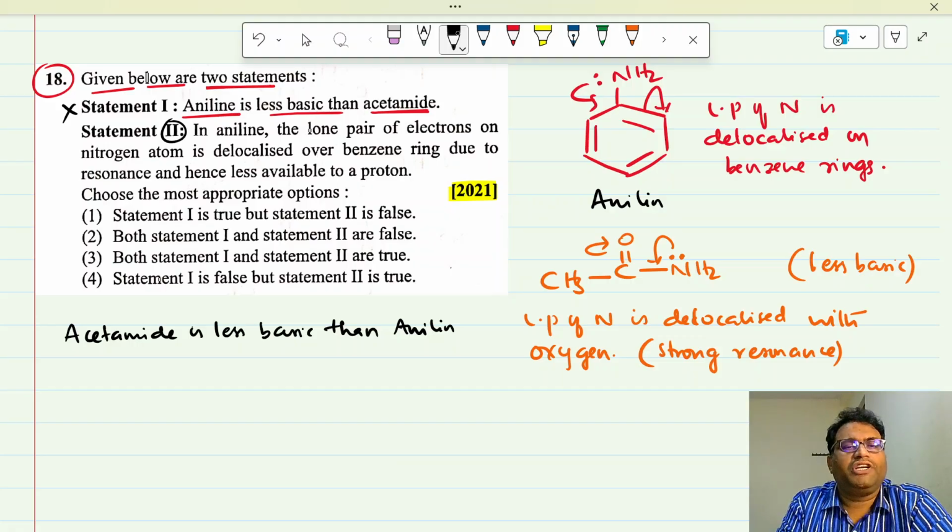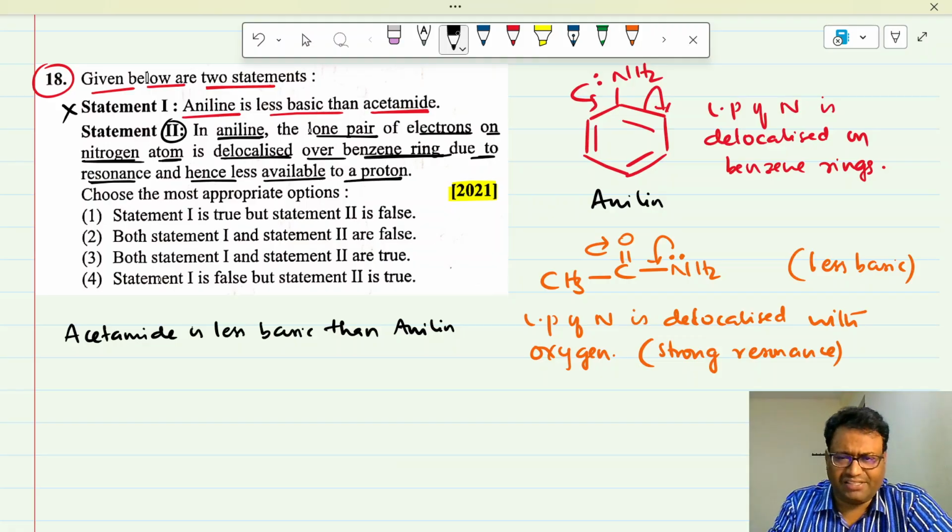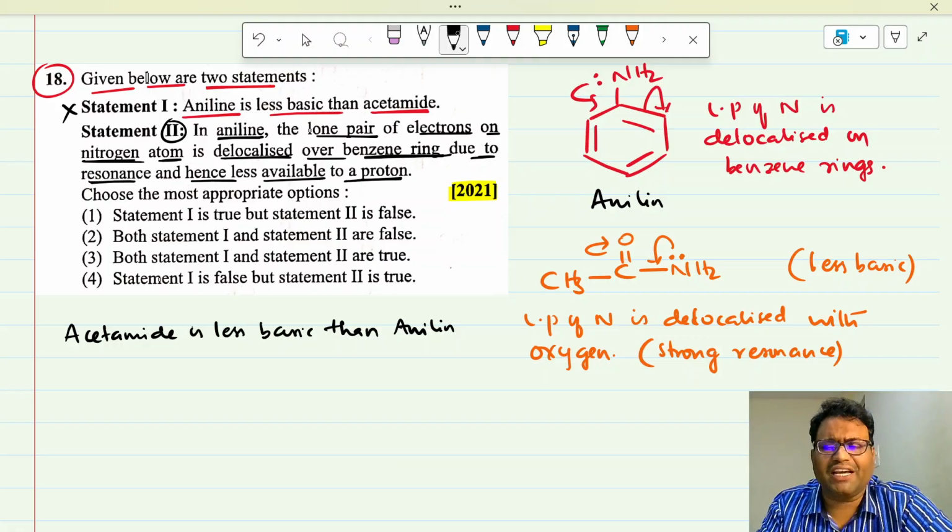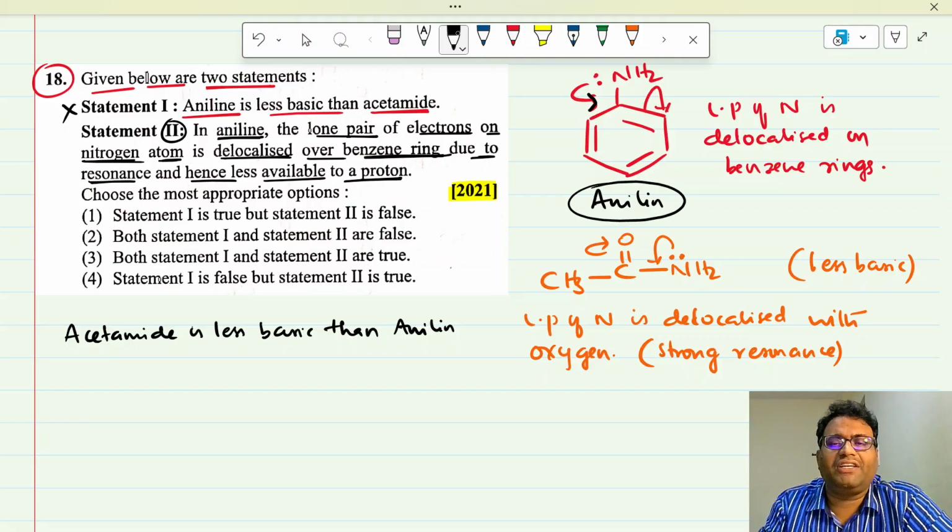Statement 2. In aniline, the lone pair of electrons on the nitrogen atom is delocalized over the benzene ring due to resonance and hence less available to a proton. Yes, the statement is correct. We have discussed that it is a conjugated system and this lone pair is delocalized on the benzene ring. As it is delocalized, it is not easily available to be donated to H plus. In the first option, we compared aniline with acetamide.